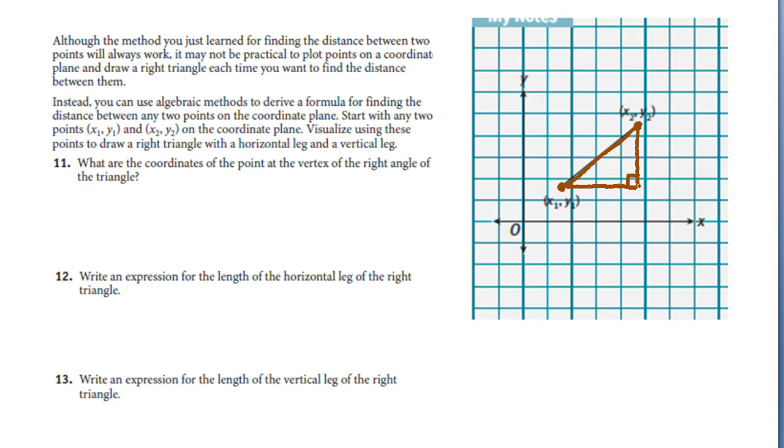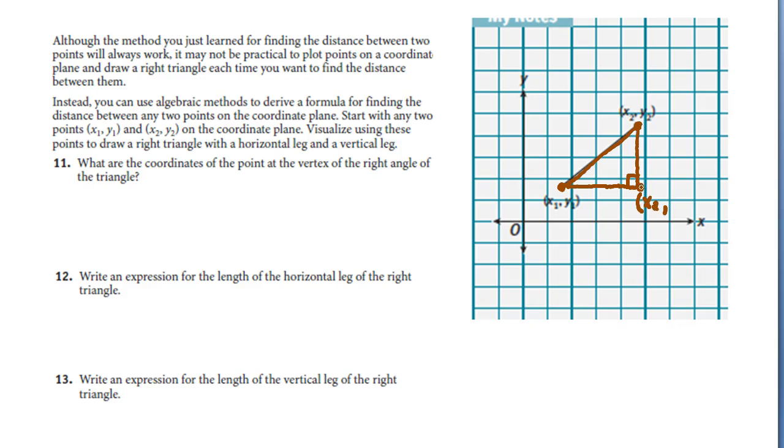Remember that we had located a point here in the last problem. We actually called it point R, and we were able to find its coordinates. So question 11, what are the coordinates of the point at the vertex of the right angle? Well, this dot is the same distance across on the x-axis as this dot up here, and its x value is x2. So that's its x coordinate.